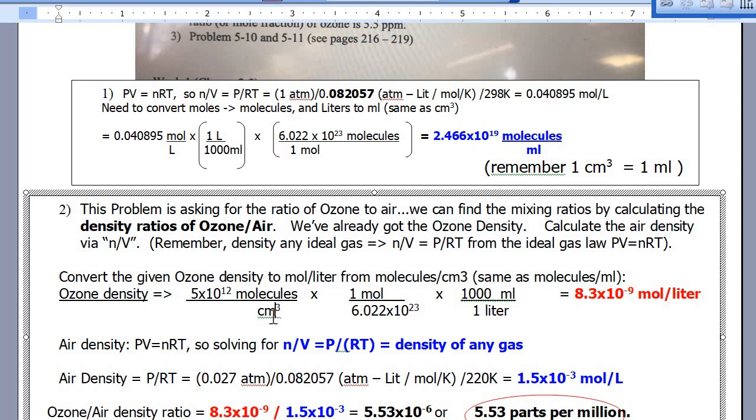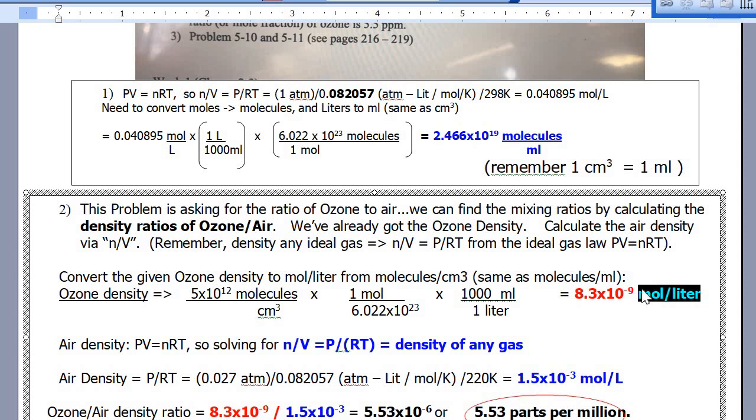And to convert milliliters, or centimeter cubed, to liters, in 1,000 milliliters you have 1 liter, and voila, you get 8.3 times 10 to the minus 9 mole per liter. My favorite way of expressing this is actually concentration. They're calling it density, but I'll do what they're doing. Usually moles per liter is called concentration, but we'll call it density, same thing.